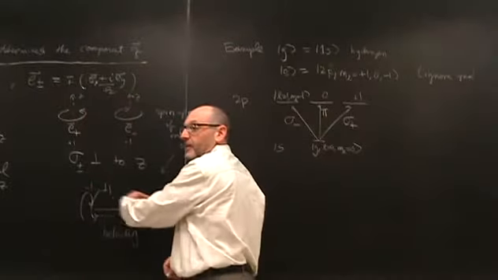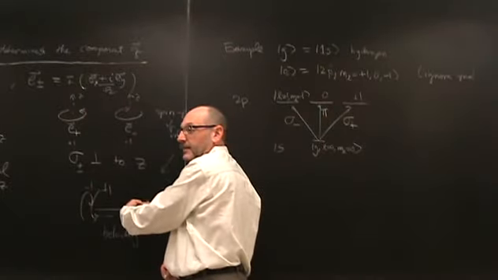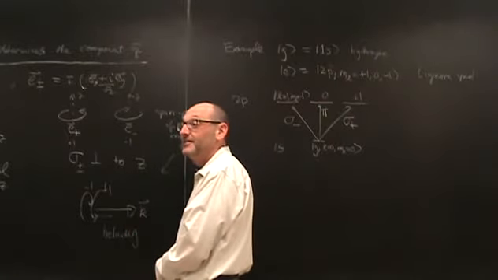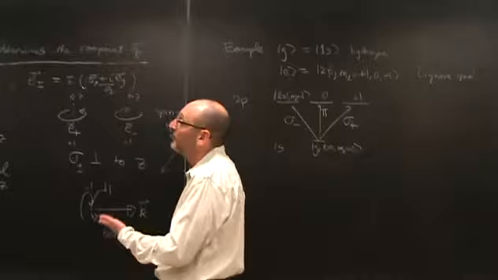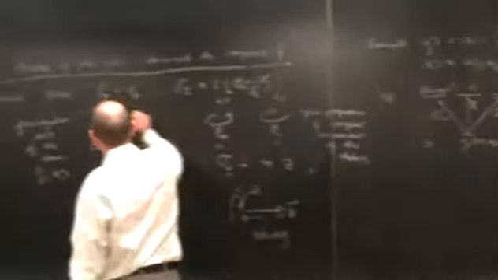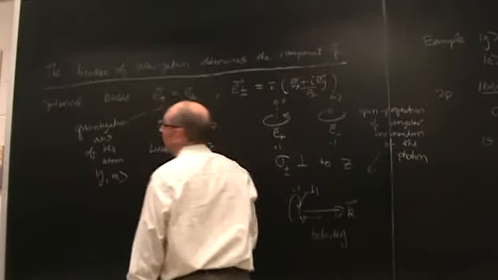It can never be 0 along k. But it could be 0 with respect to something else. Of course, this is a superposition of this and this.